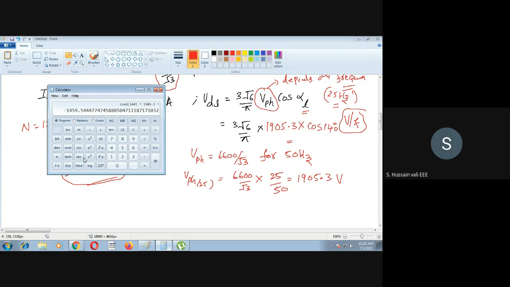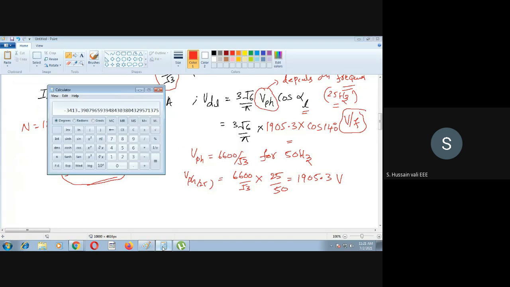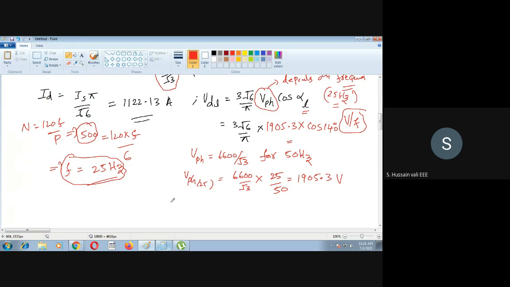You multiply with 3, with 1.414, into 1.732, divided by pi. 3413. So whatever the answer we got, we'll write directly. Minus 3413.39. But okay, we'll take only the magnitude because we have already included the sign in the equation. 3413.39. So this is VDL. Now we got the answer for VDL.